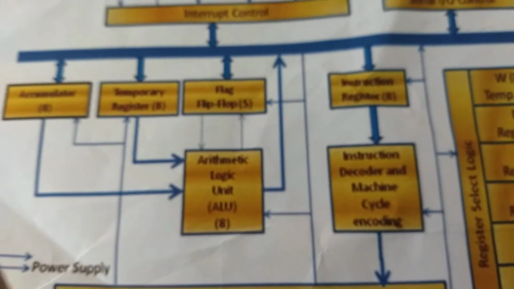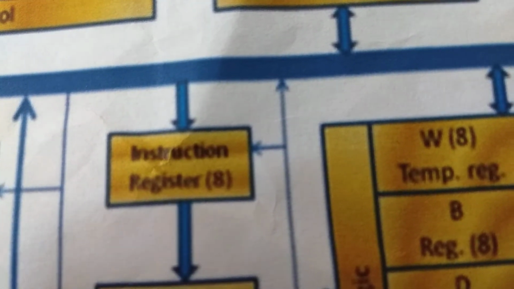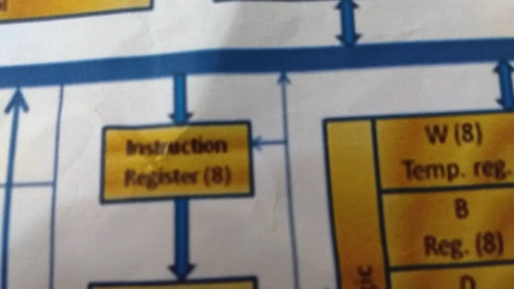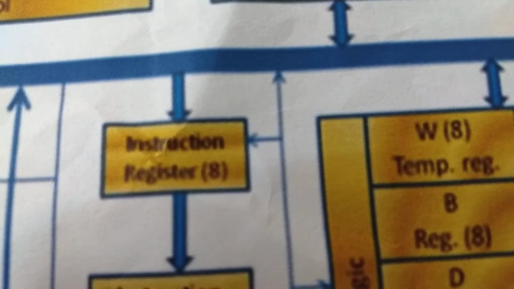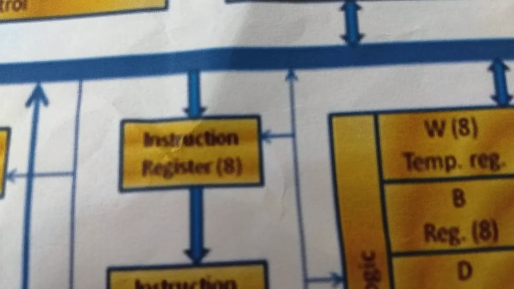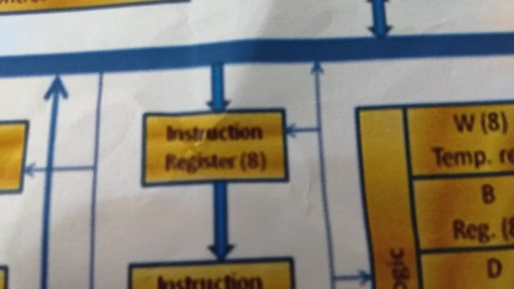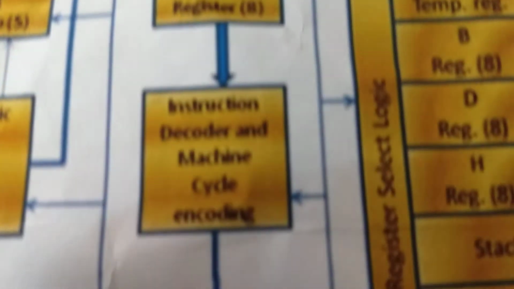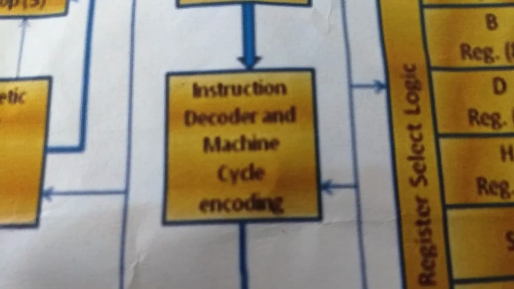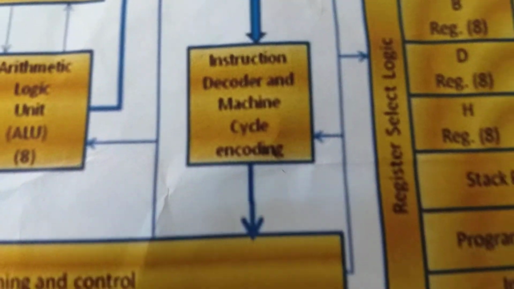Now we will go to the next portion of the architecture, that is the instruction register. The instruction register is an 8-bit register. Whatever instruction is given by the programmer to the microprocessor first comes into this register, then this instruction will be decoded by the instruction decoder and the machine cycle encoder.